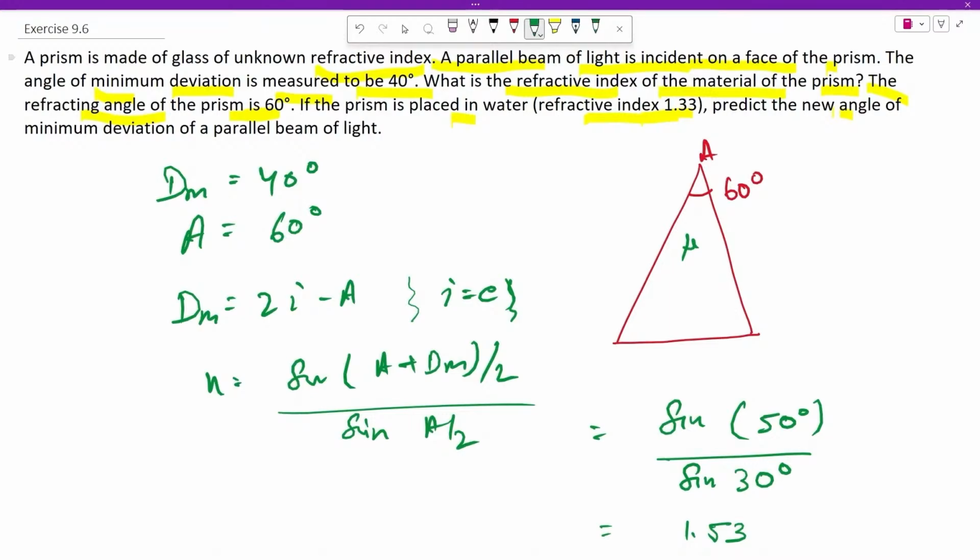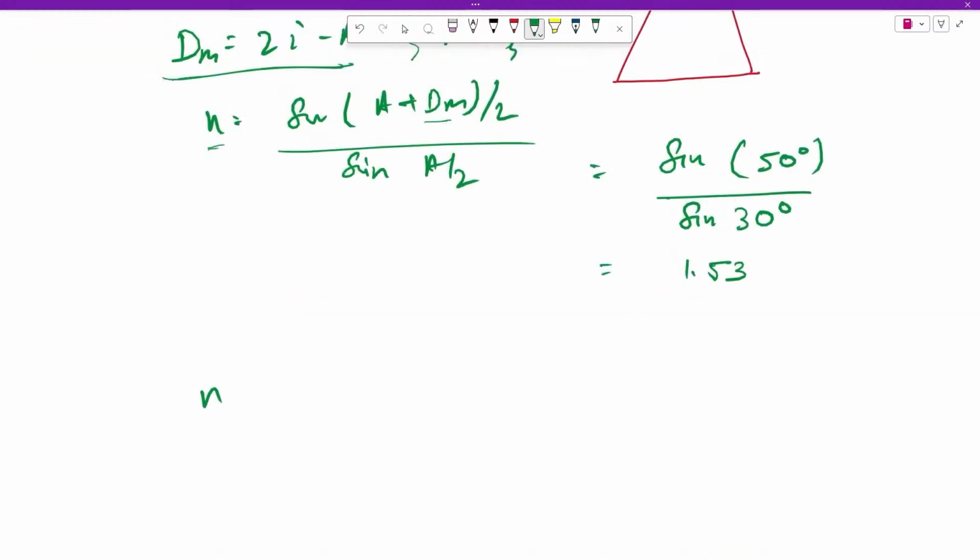Now we have to find out what happens if the prism is placed in water. What will be the new angle of minimum deviation? The refractive index of the prism is 1.53. This formula will turn out to be 1.53 divided by that of the incident media, that is water, 1.33.